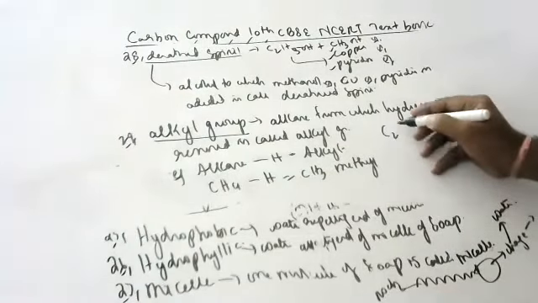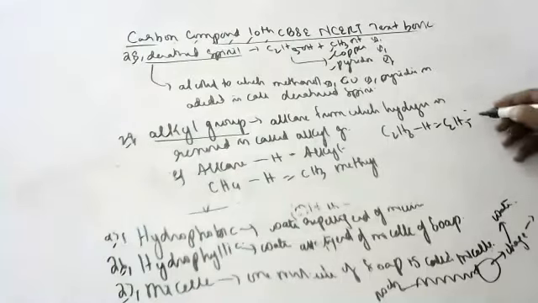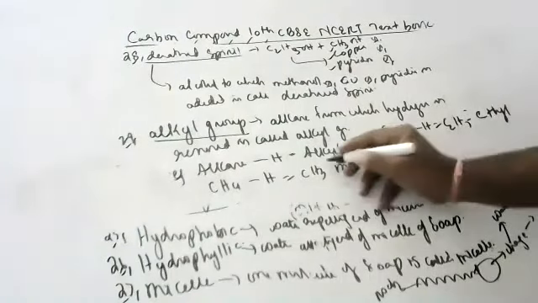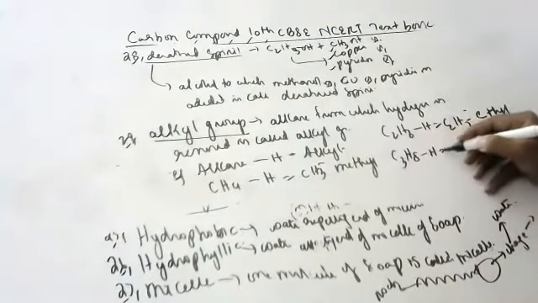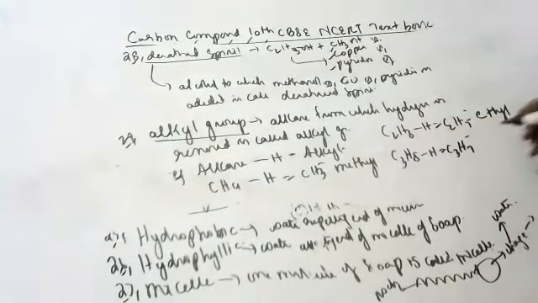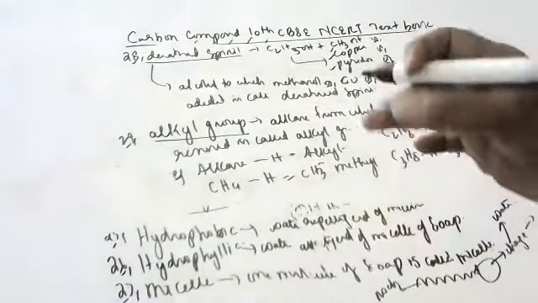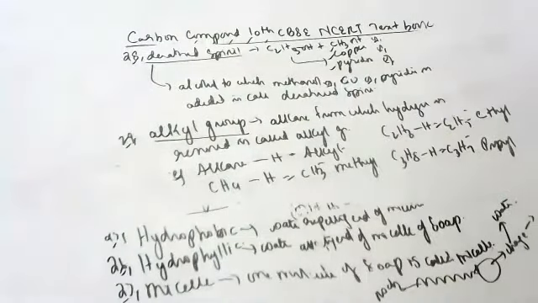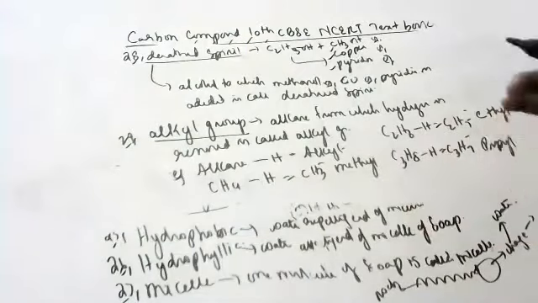C2H6 minus hydrogen gives C2H5, called ethyl. C3H8 minus hydrogen gives C3H7, called propyl. Then butyl, pentyl, hexyl.